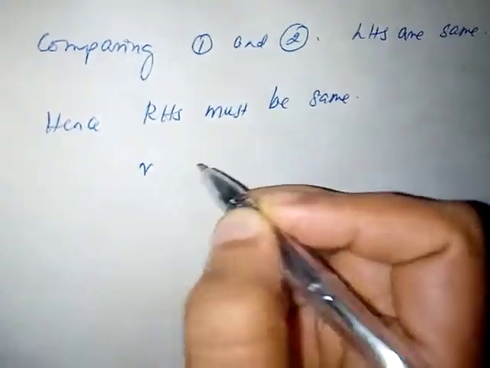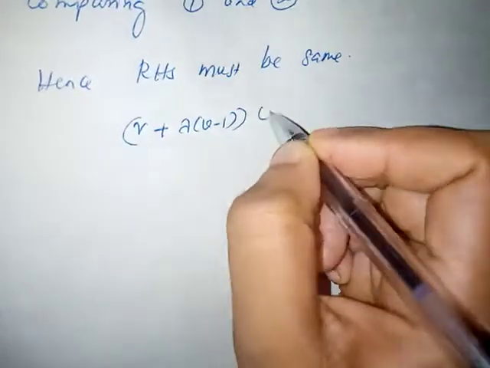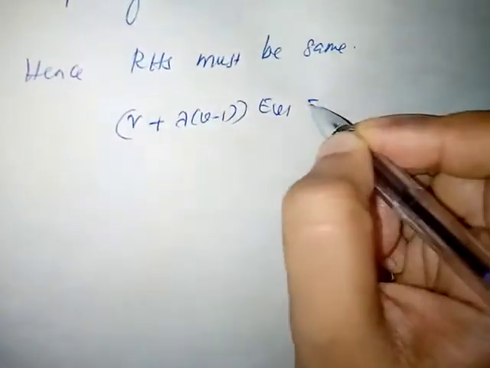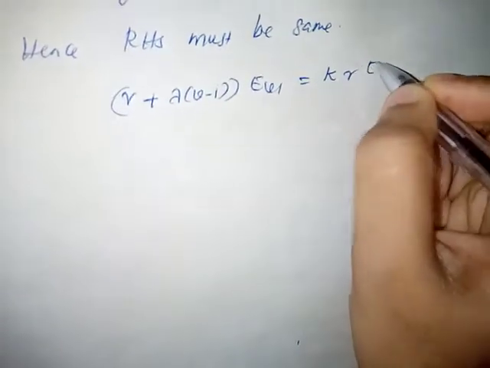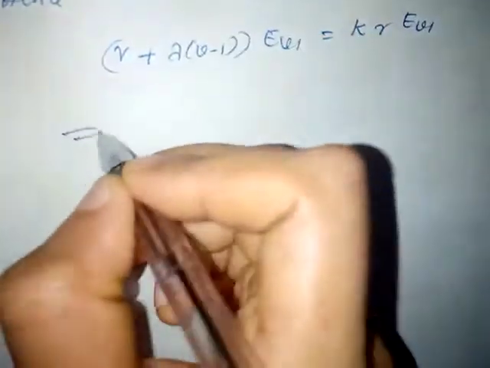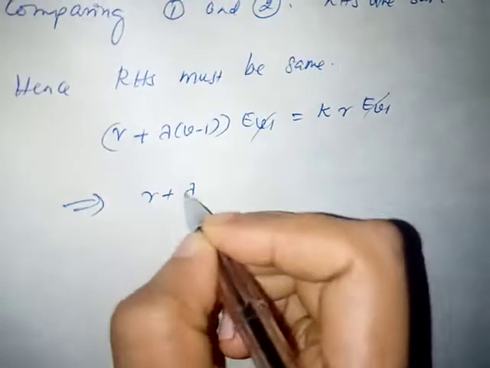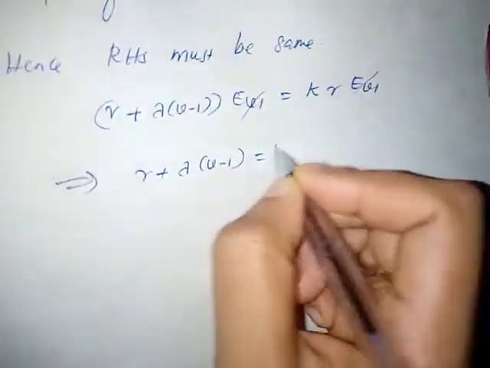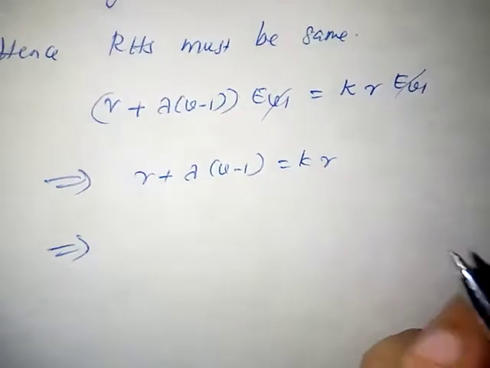That is, for the first one, (r plus lambda (v minus 1)) into E_v1, is equal to the second RHS, which is k r E_v1. Which implies, here we can cancel this term E_v1, right? Then we can write r plus lambda (v minus 1) equal to kr.